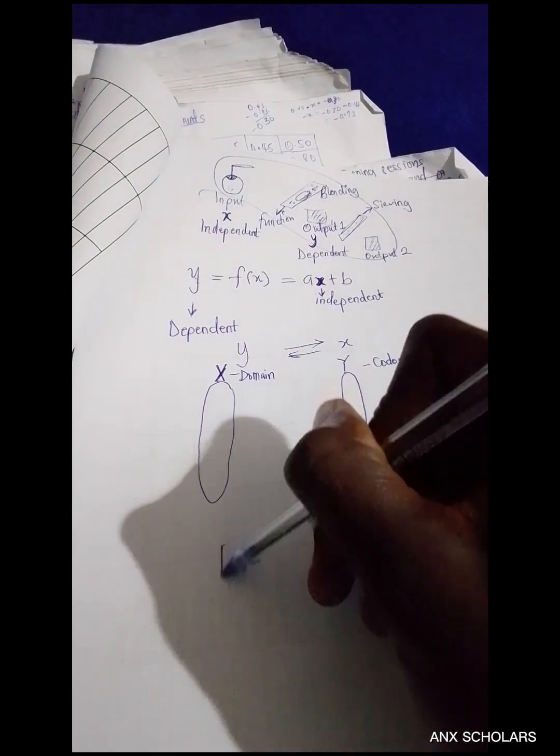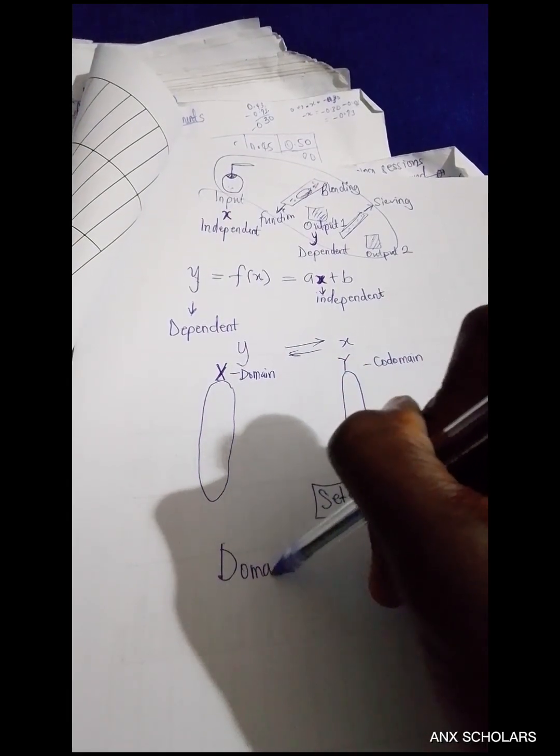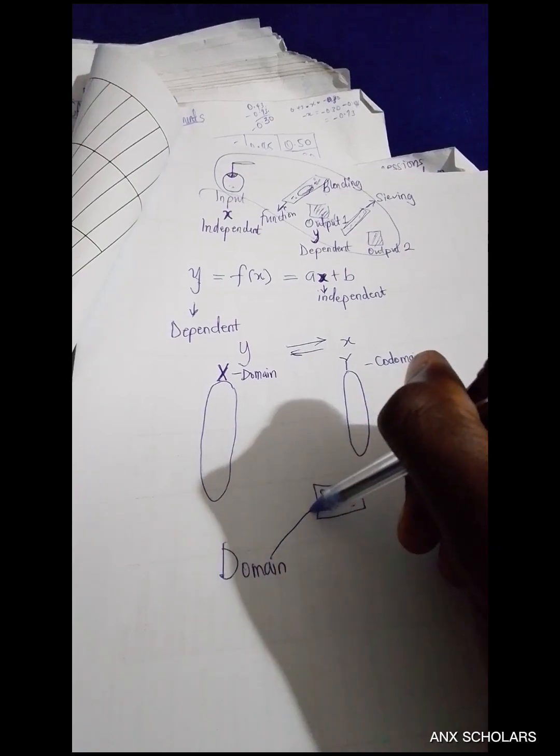A domain is a set of x values. Codomain or range is a set of y values. Are you grabbing it? Yeah, I believe.